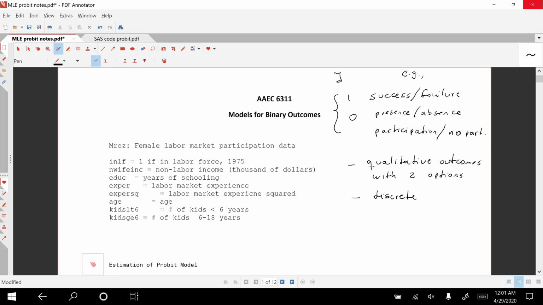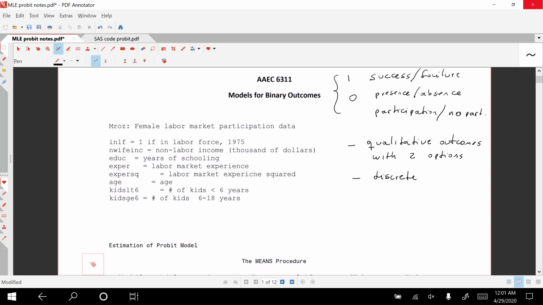Now the example that I'm going to be using here comes from a paper by Tom Mroz, where he was trying to model the factors affecting female labor participation. So this is data from 1975. INLF, so that's in the labor force, is equal to 1 if in the labor force, and 0 otherwise.